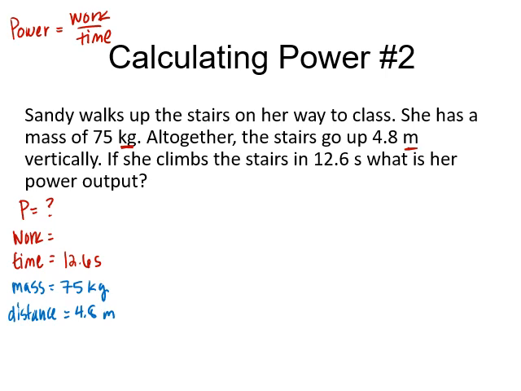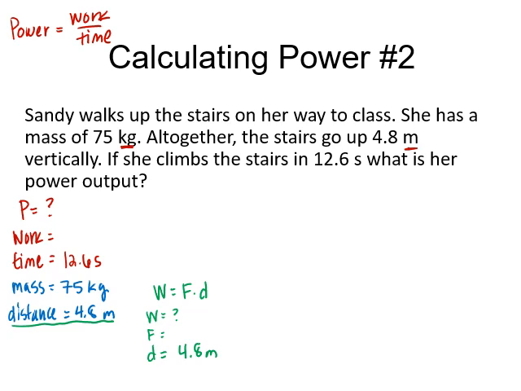Well, in terms of distance, I know another way that I can solve for work is that work equals force times distance. Here, our distance is going to be 4.8 meters. So I've used this information. Now it gives me 75 kilograms. How can I use kilograms in terms of force?